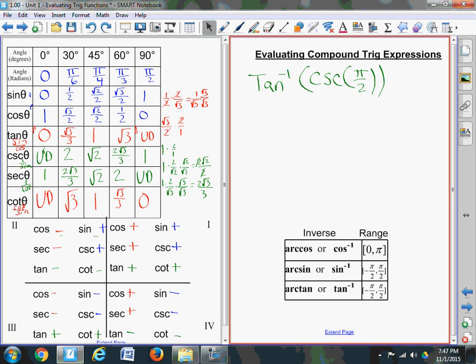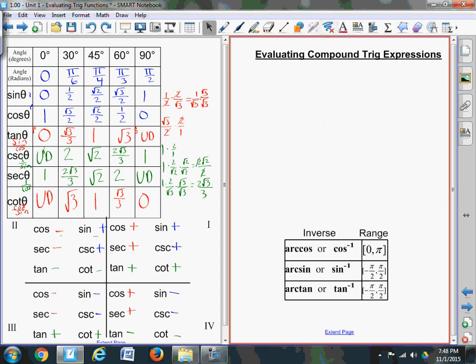First thing I'd look at is the cosecant of pi over 2, which is 1. So I'd be doing the inverse tangent of 1, which is pi over 4. So now the angle is actually switching, and this is a little bit more difficult when you have the inverse on the outside because now it's actually switching things. Also, we'll look at situations with non-unit circle values, kind of like we did in the second lesson. If they give you one trig ratio, and it's not a unit circle, how can you find other trig ratios without actually finding the angle?